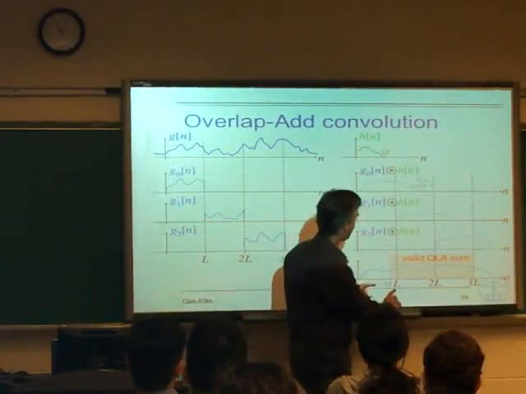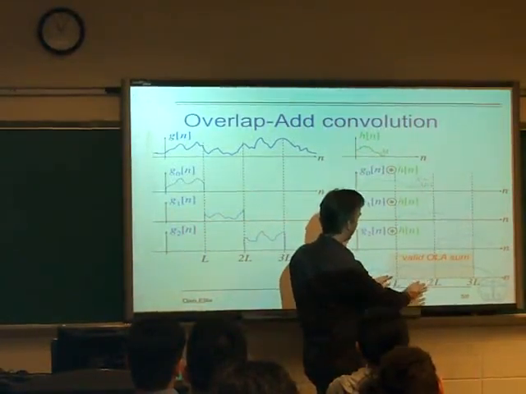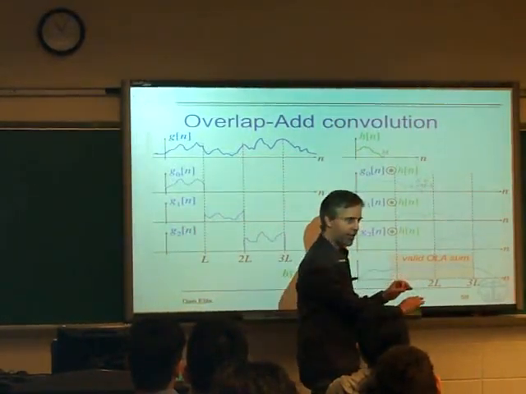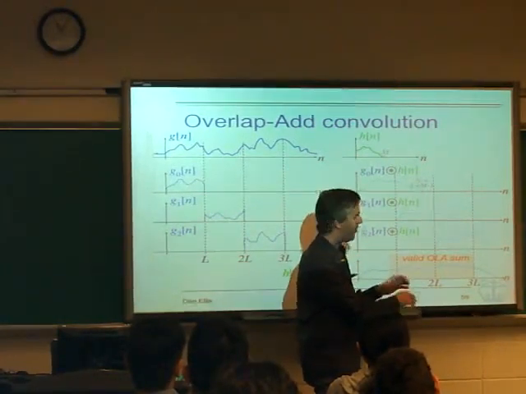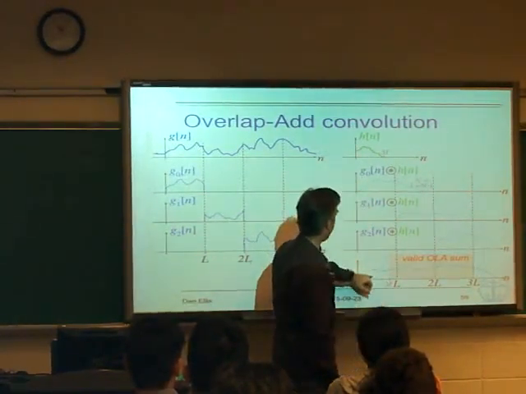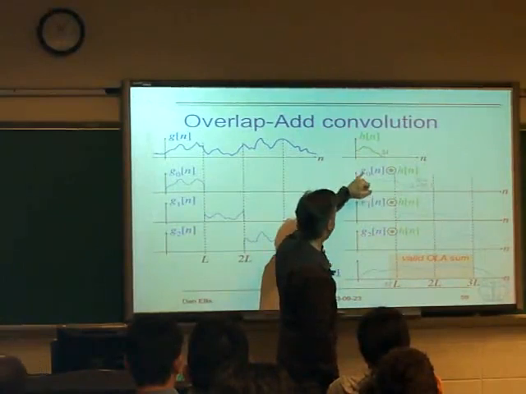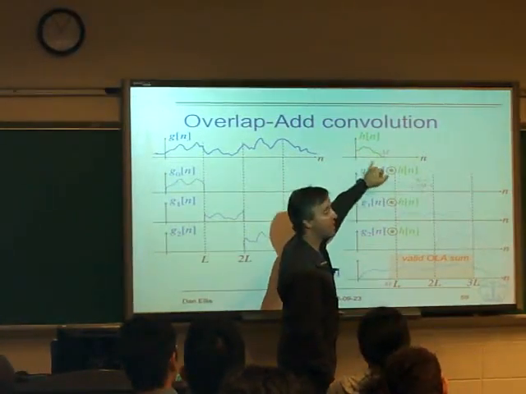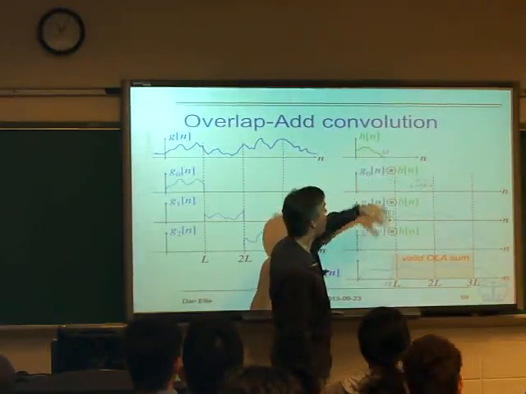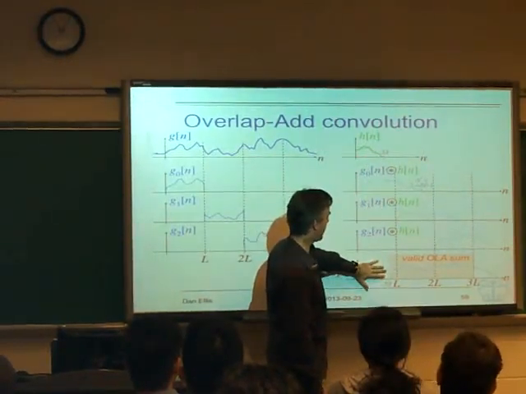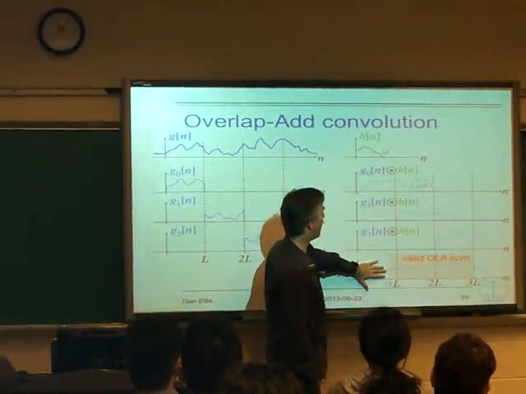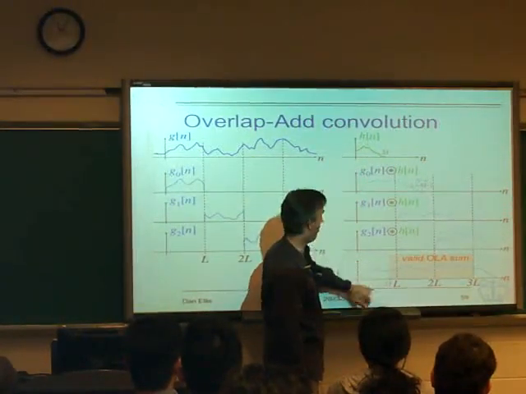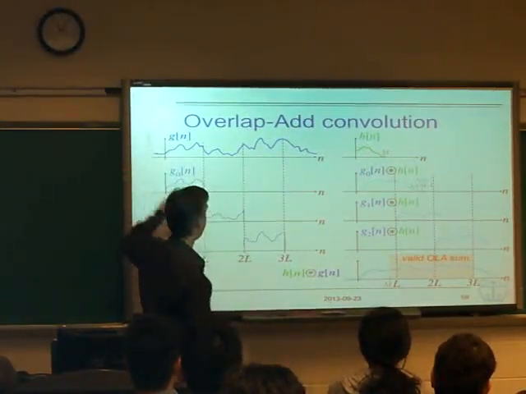Now, to get the valid region, we have to know that, well, did we get all the points that were involved? And so for this first point back here, if we'd had a g minus 1 of n, its convolution would have had some points coming out here, which we haven't written down here. So these points are not valid unless we know that g started at 0, that g was 0 back here.